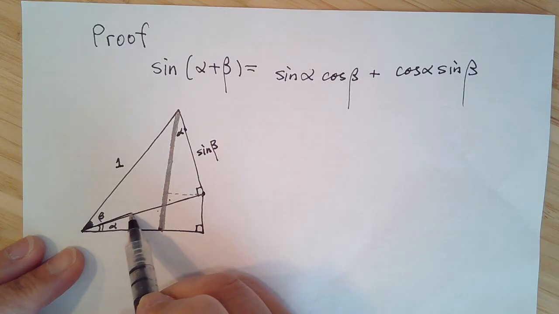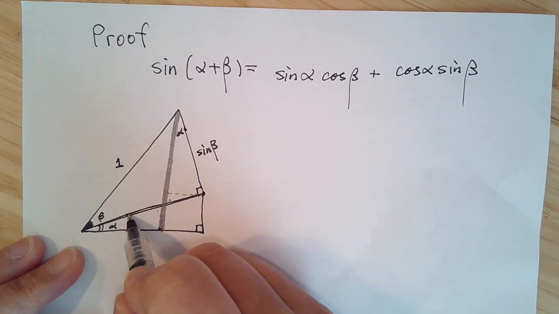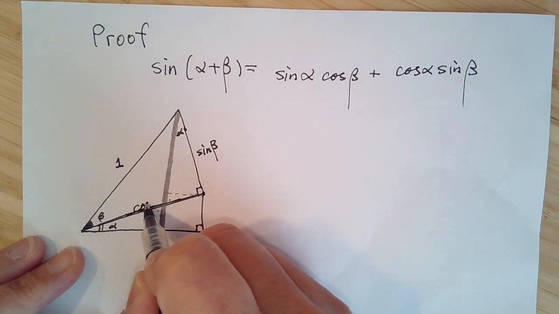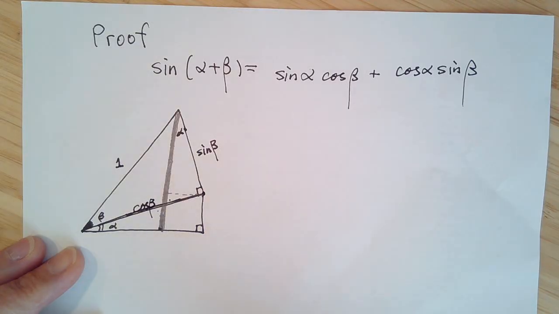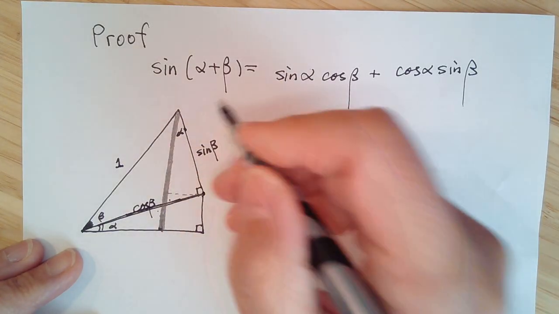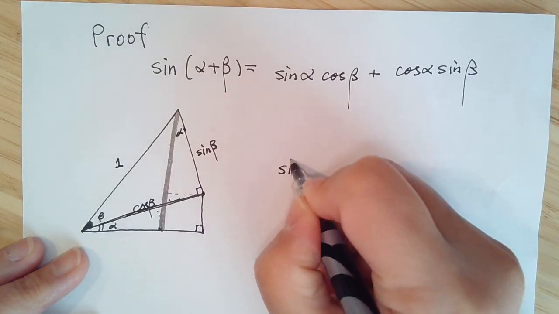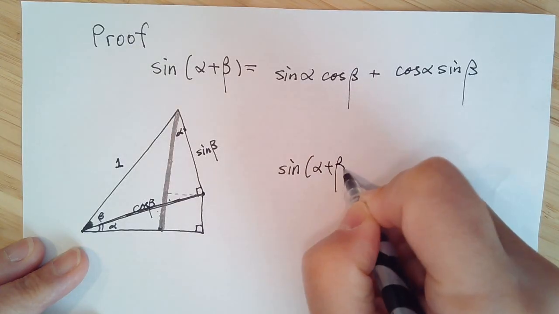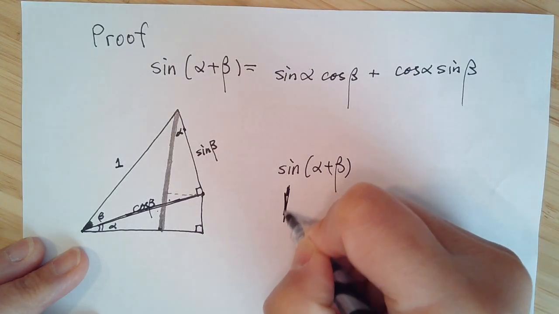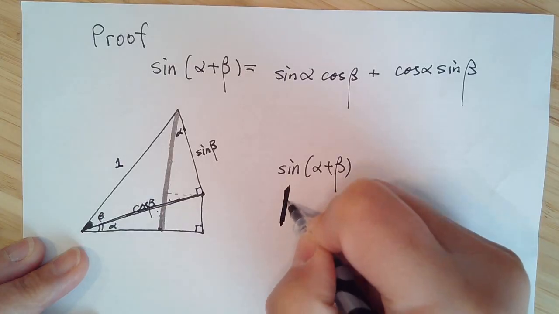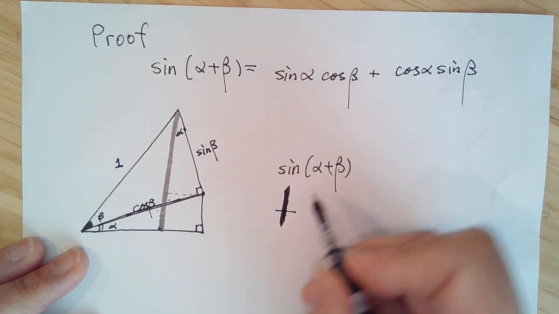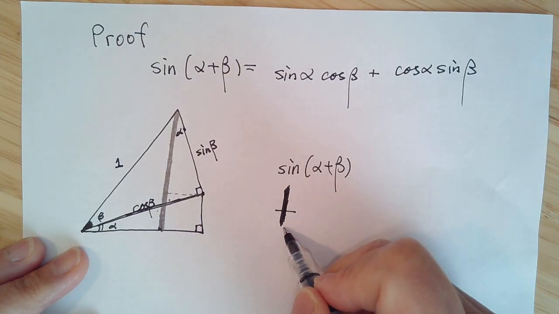And what about this line? That should be cosine beta. And this line we're looking for, my sine alpha plus beta, which is the very thick long bar, is part 1 plus part 2.